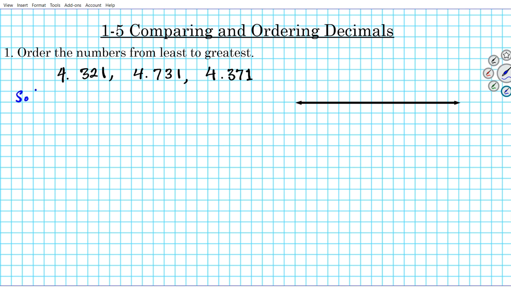So what's the procedure for comparing decimals and ordering them? The steps are as follows. You line up the decimal points.